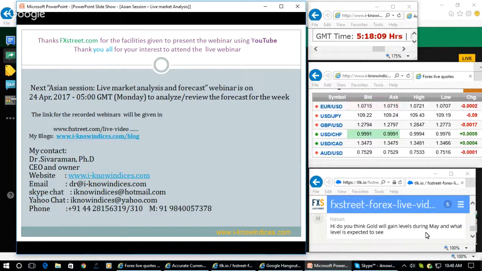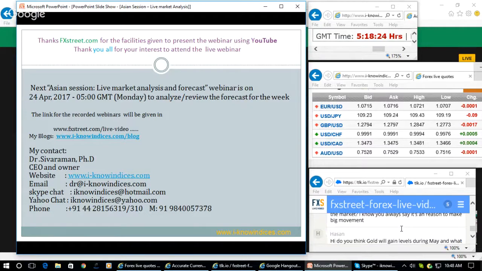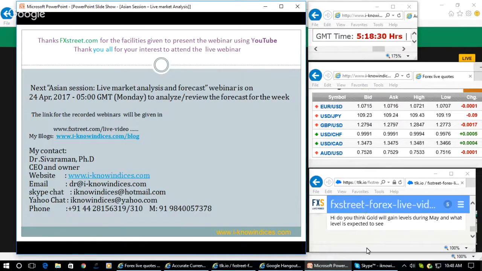Do you think gold will gain levels during May, and what levels? Yes, gold is also expected to gain levels in the month of May. You could easily come across gold going to 1300 and above. Any dip is a great buy opportunity in gold. They may use various terminologies like safe haven strategy in the event of uncertainty.